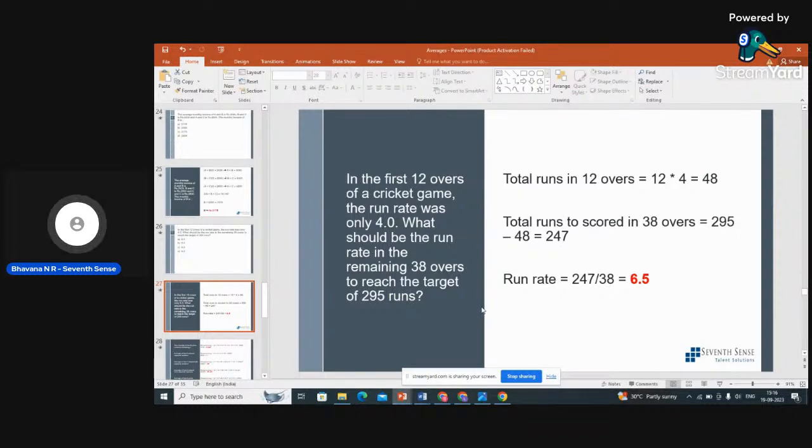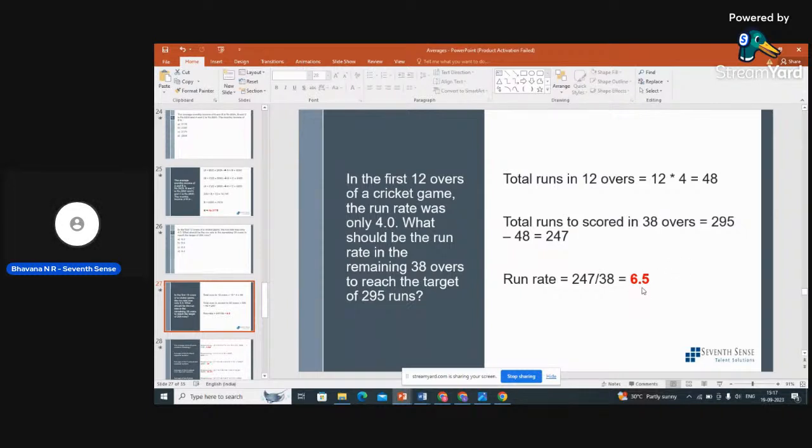Why 295 minus 48? Here we need to calculate the run rate. In that case we have to subtract the runs already made from the target, for the given 38 overs. So 295 minus 48 is 247, and the run rate is equal to 247 divided by 38. 38 will be divided how many times?